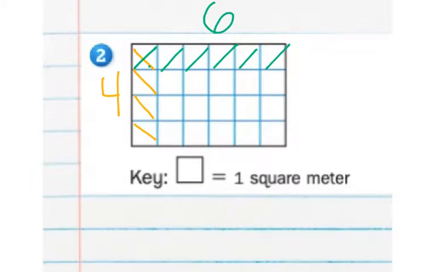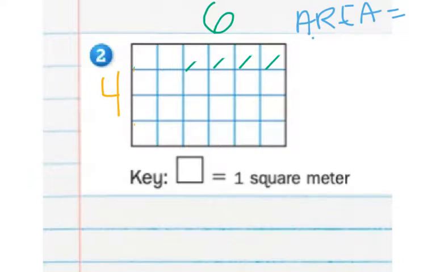All right, let's see if we came up with the same answer. So one way to find the area would be to think of it as counting all these squares. I'm going to erase it so we have a better picture.